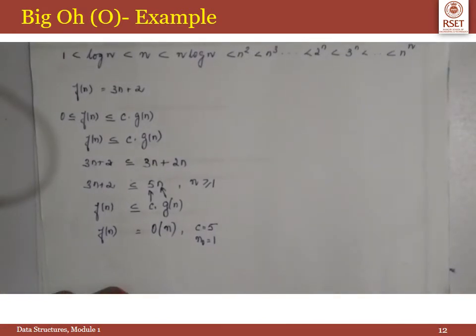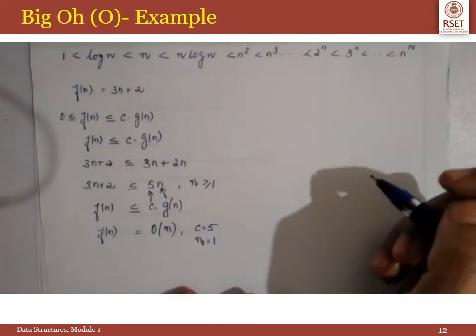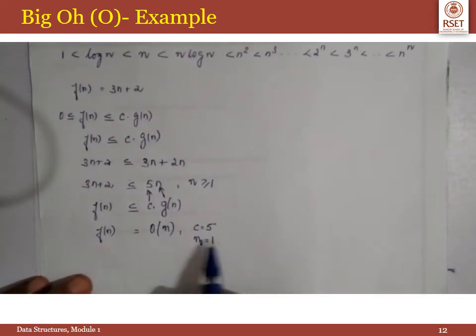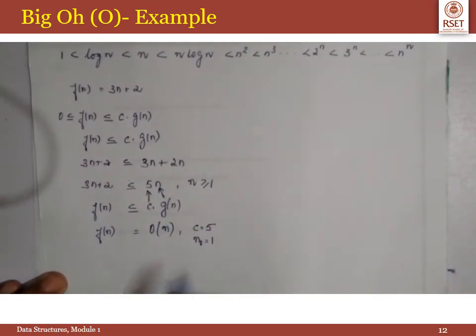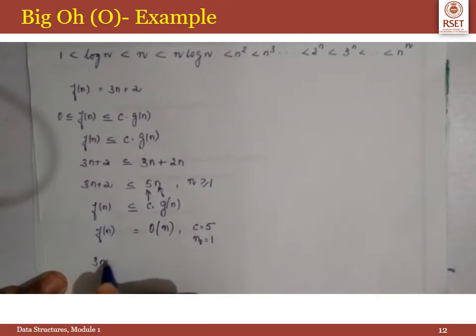Okay, now if this is the case, if I consider some other value, say instead of this 3n plus 2, if I write some other value, say if I'm writing it as 6n, is it true? Yeah, it's true. If I consider 7, is it true?